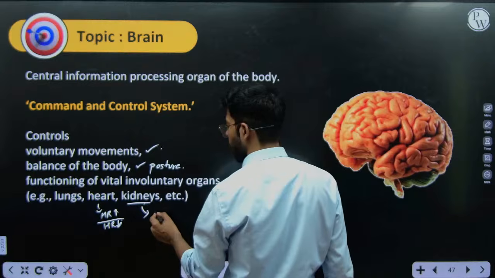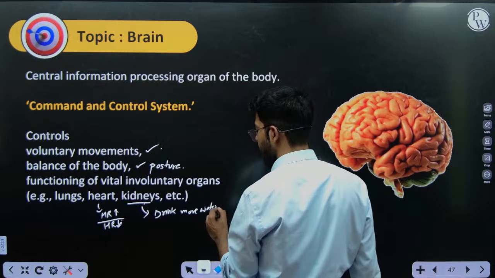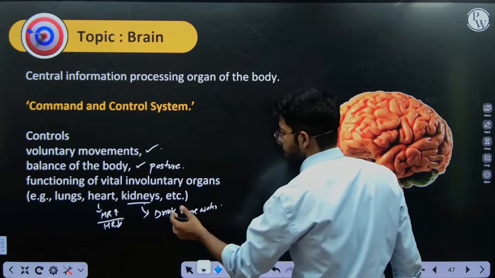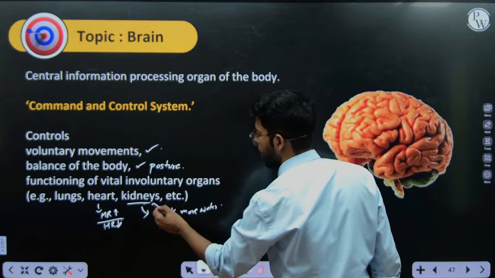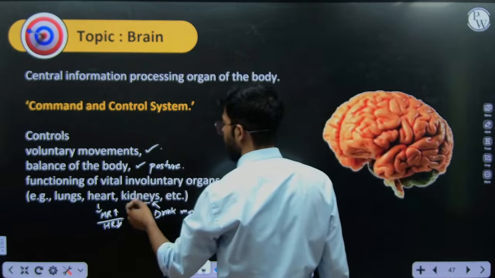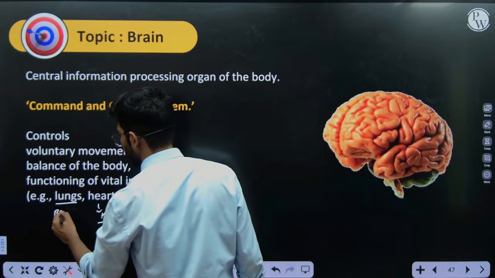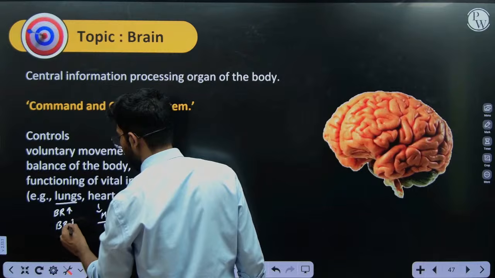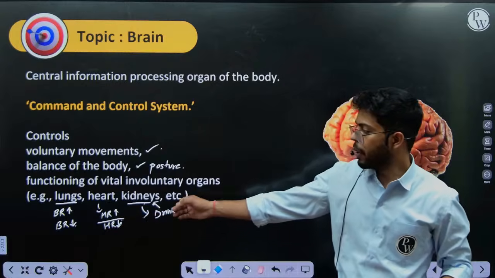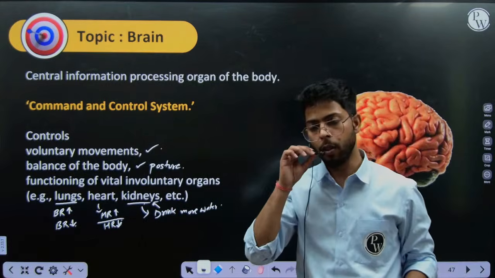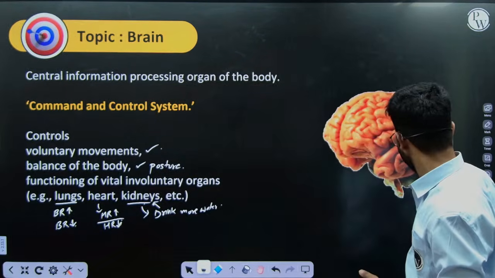Kidney, if you drink more water, then they sense that you have more fluid inside the body, then it will give command to the kidneys to do the appropriate actions. And in lungs, breathing rate can be altered. There are respiratory centers, cardiovascular centers, and for kidney there are hormones which are responsible for the reabsorption of some water and electrolytes.